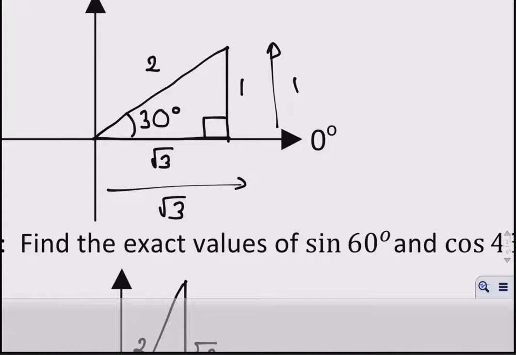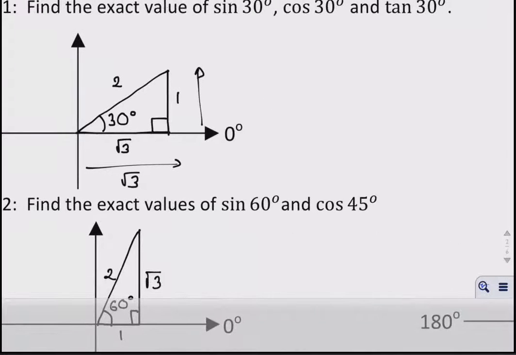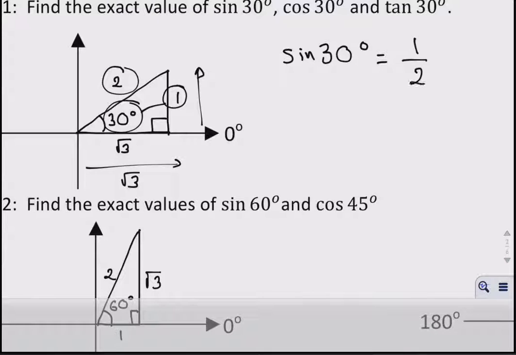So to solve for sine, cosine, and tangent, it's very simple. I know that sine of 30 degrees is opposite over hypotenuse. In this case, opposite of 30 is 1, and the hypotenuse is 2. So I have 1 over 2. Cosine of 30 degrees is equal to adjacent over hypotenuse.